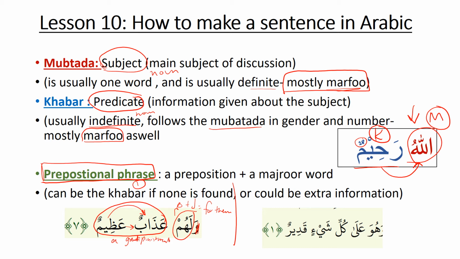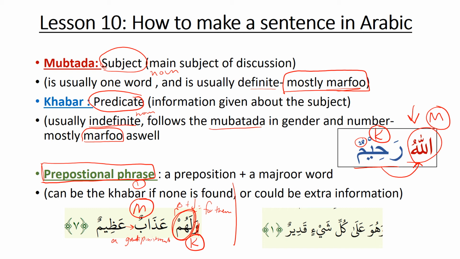So we make adabun azimun the mubtada, and the khabar can just be this prepositional phrase, and that's totally fine because we're saying a great punishment is for them, or for them is a great punishment. So the subject of the sentence that we're talking about is a great punishment. That's the noun that we're talking about. And then we're saying, who is this great punishment for? It's for them. That's the information that we're giving about it.